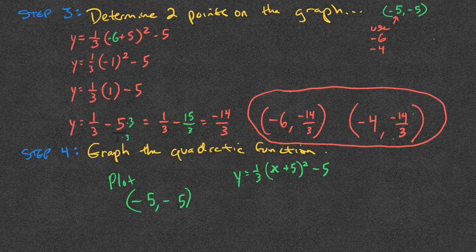Instead of using x, here we've got 3 and we've got 5. If you subtract those, use negative 2.